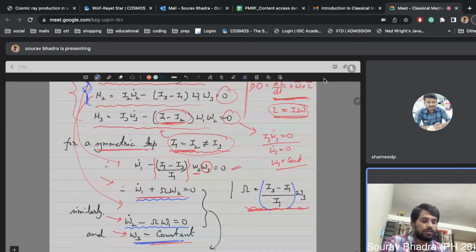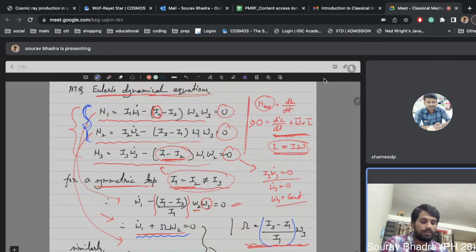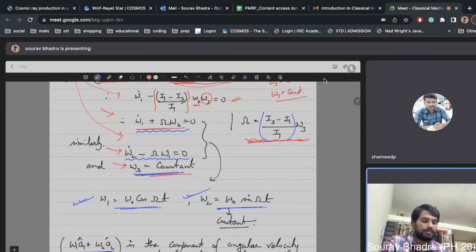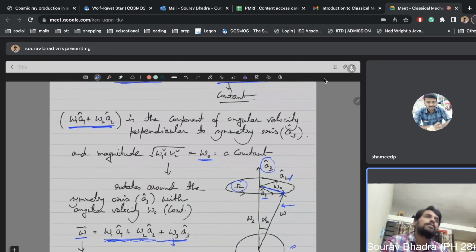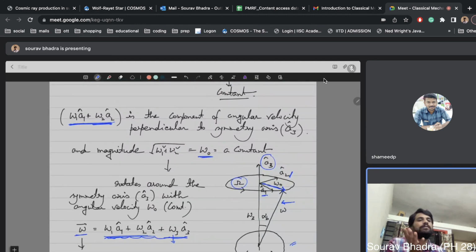This is an important thing and you have to understand it well: without force it can precess, but if you want nutation of the body, then you need an external force acting on the body.